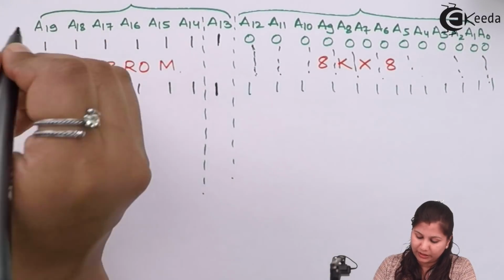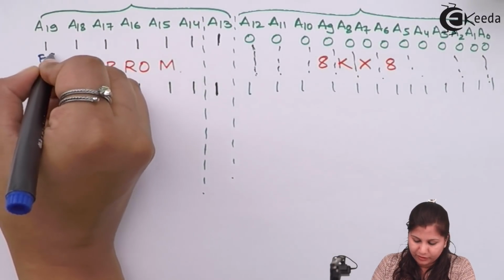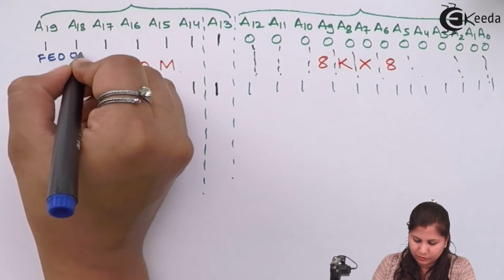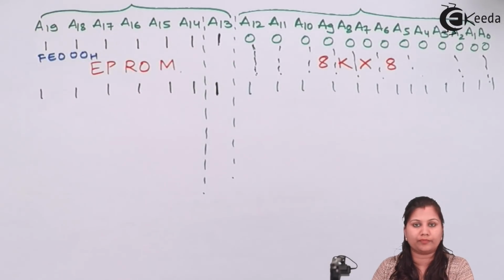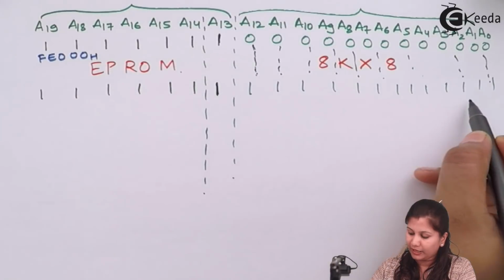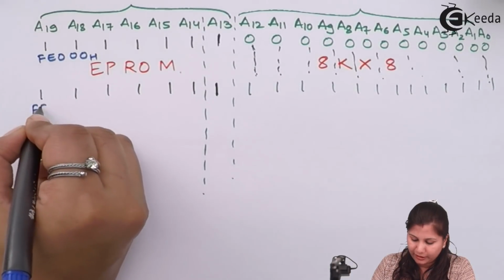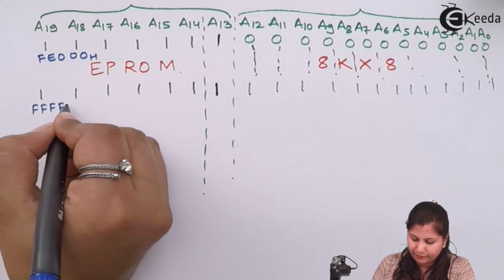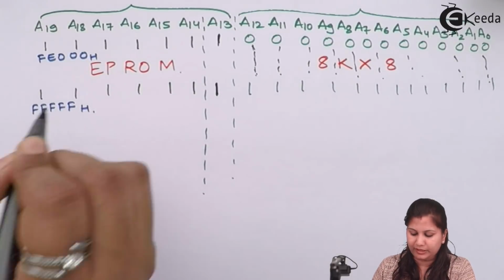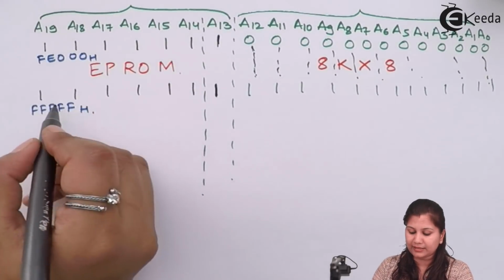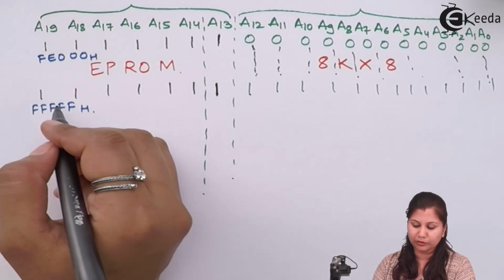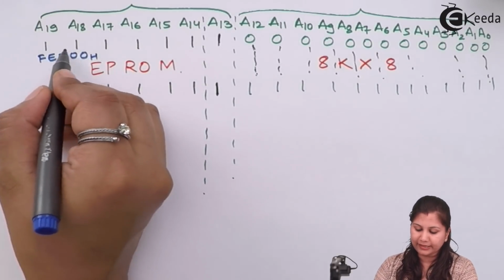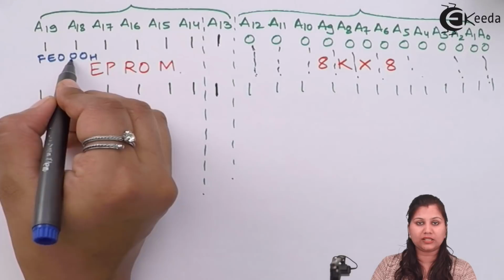So the address will come out to be FE000H. And if we take all ones, then it will be FFFFFH. H means that this address is in the hexadecimal notation.